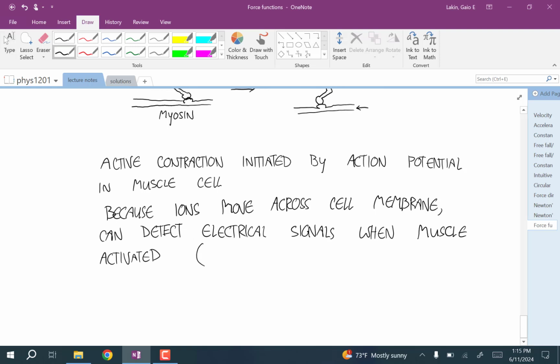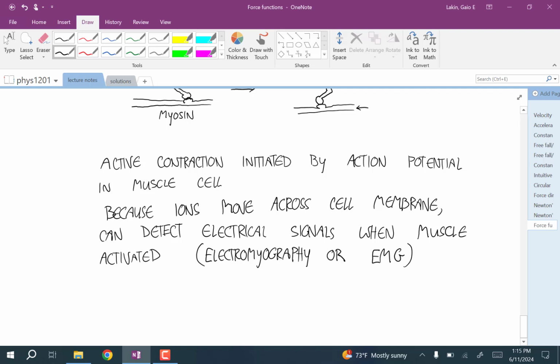This practice of measuring the electrical signal to see when muscles are being activated is called electromyography. And since that's a really long word, people tend to just call it EMG.